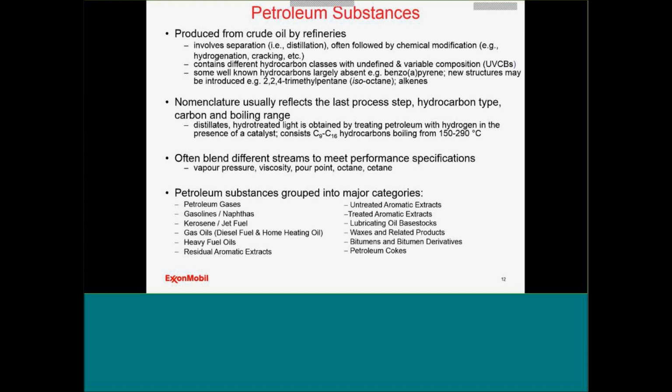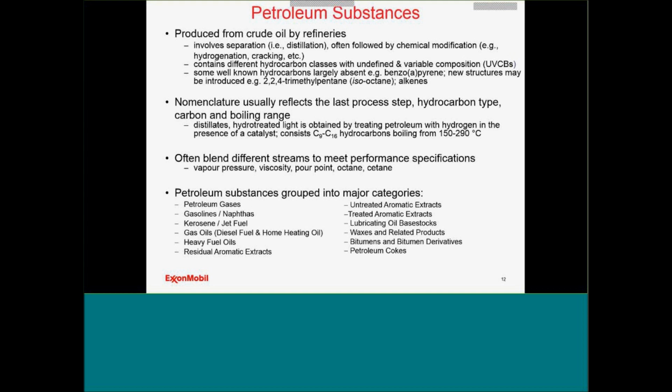Some well-known hydrocarbons are largely absent. For example, benzo[a]pyrene is mainly associated with pyrogenic rather than petrogenic sources. However, new structures may be introduced through refinery processes, such as new branched alkanes as well as alkenes that include double bonds in the hydrocarbon chain.